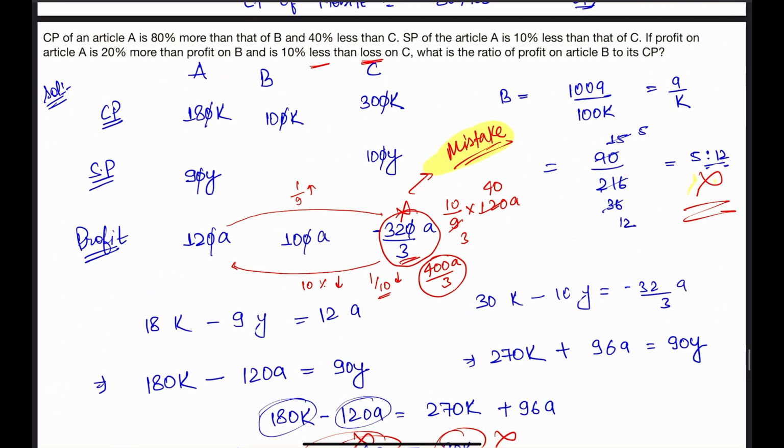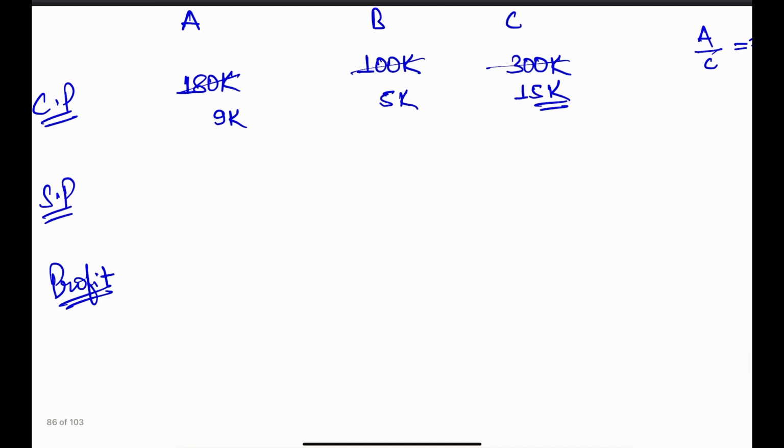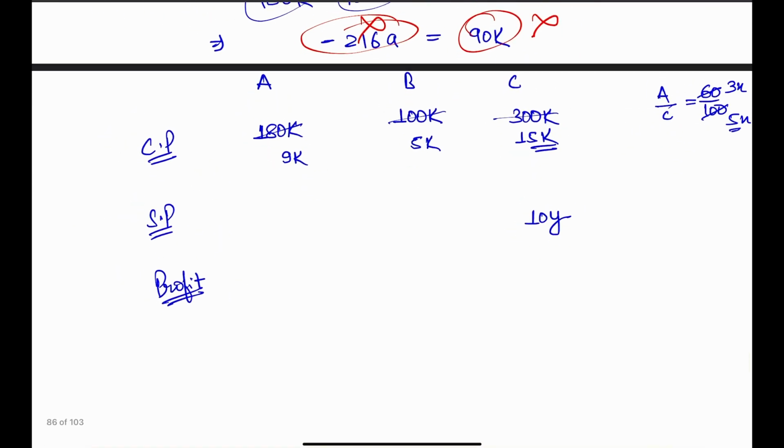Let's come to the SP. SP of A is 10% less than that of C. This one is already confirmed, so instead of taking 100, I can take 10y. So my A and C comparison, yeah, 9C.